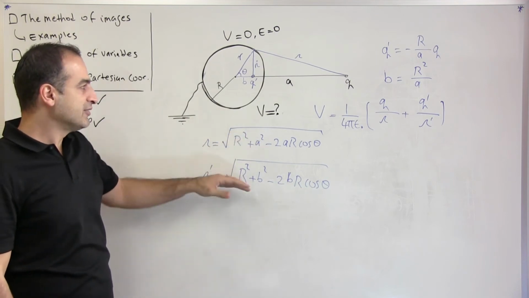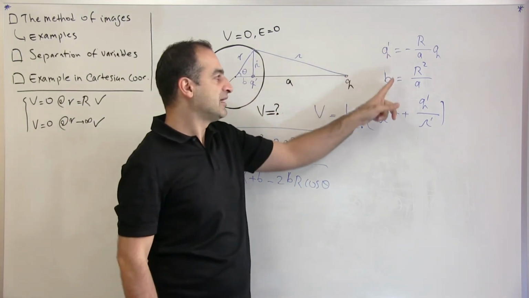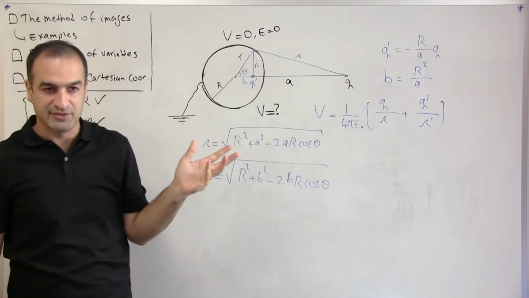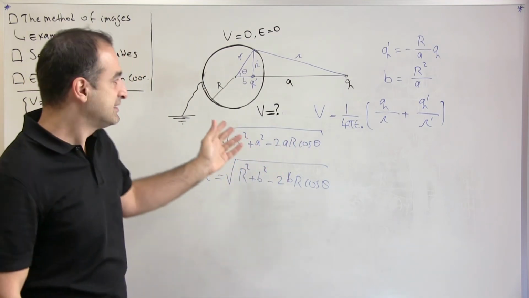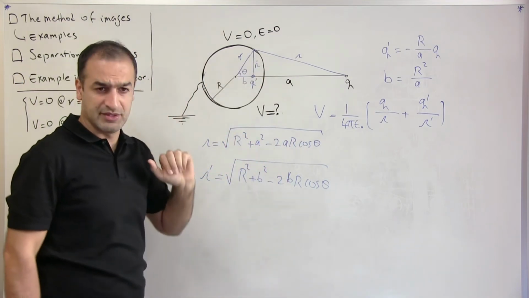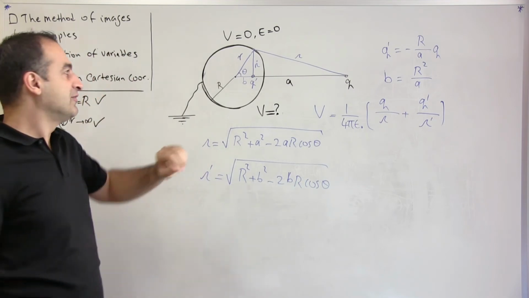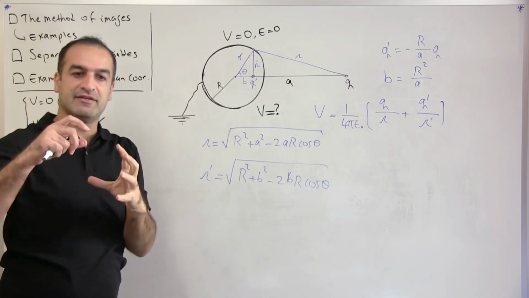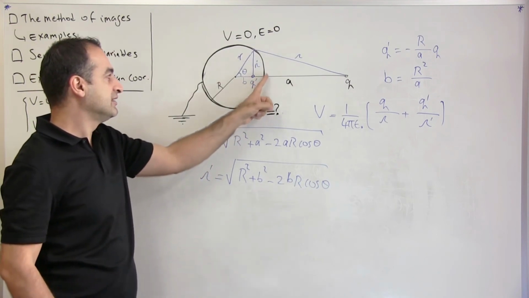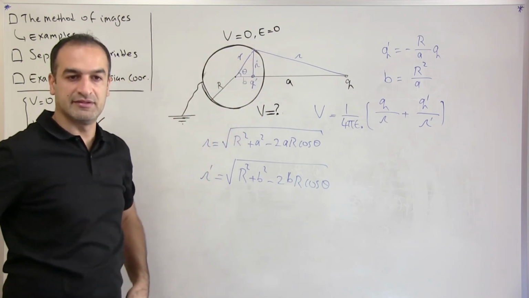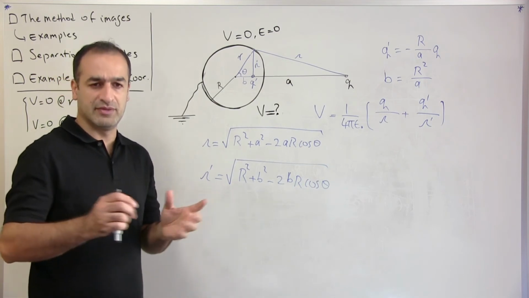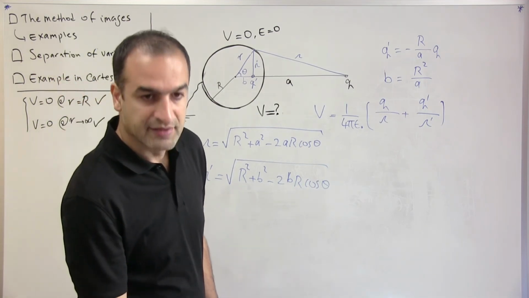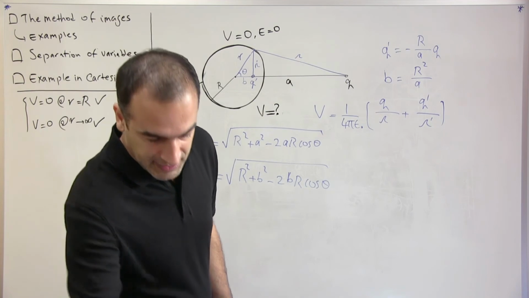Just follow the Q prime and B, and it's a good practice for you. With this setting, you can calculate electric potential. If you want, you can always look at the magnitude of the electric field on the surface, and that way you can also calculate the electric charge distribution on the surface, in a very similar way to what we did previously with the other conductors.